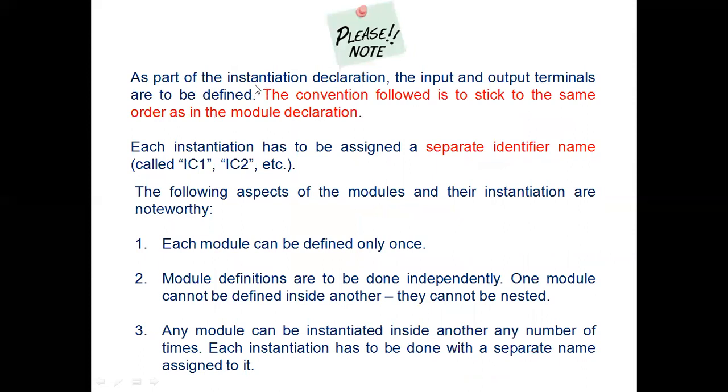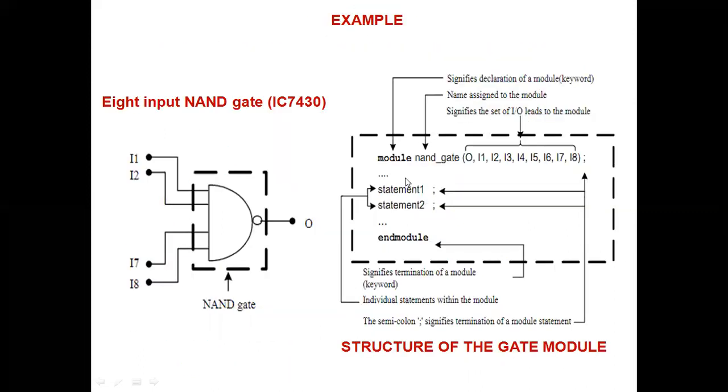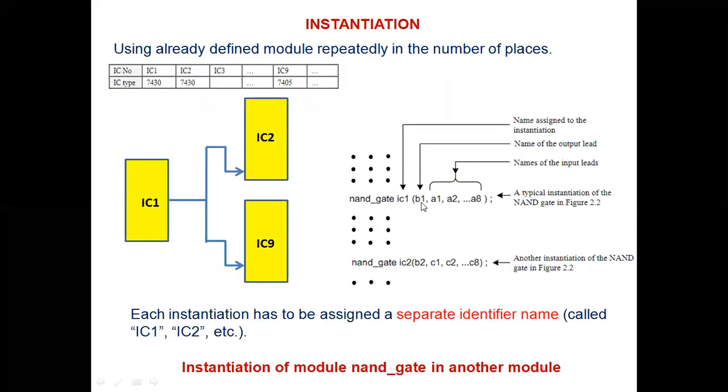The convention followed is to stick to the same order as in the module declaration. In the module definition, we followed this order, output followed by inputs. In the instantiation also, we followed the same order, output followed by inputs.